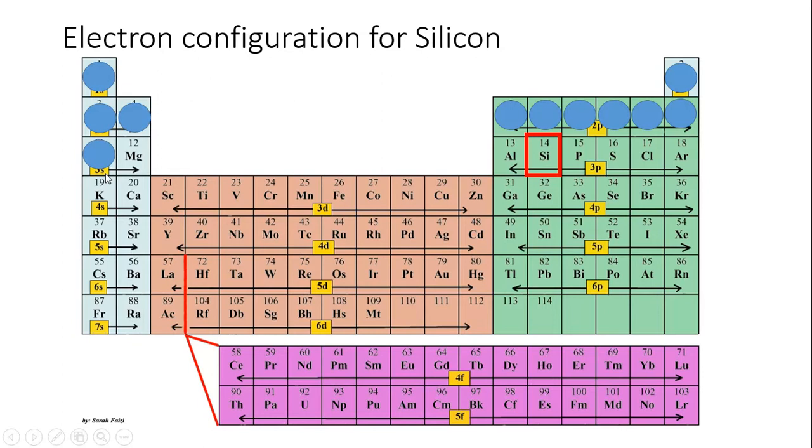So now we have 3s1, 3s2. Okay, so our s orbital is totally filled, so we move on to 3p. 3p1, and 3p2. So we now have a total of 14 electrons, 2 plus 2 plus 6 plus 2 plus 2, and we have reached our element silicon.